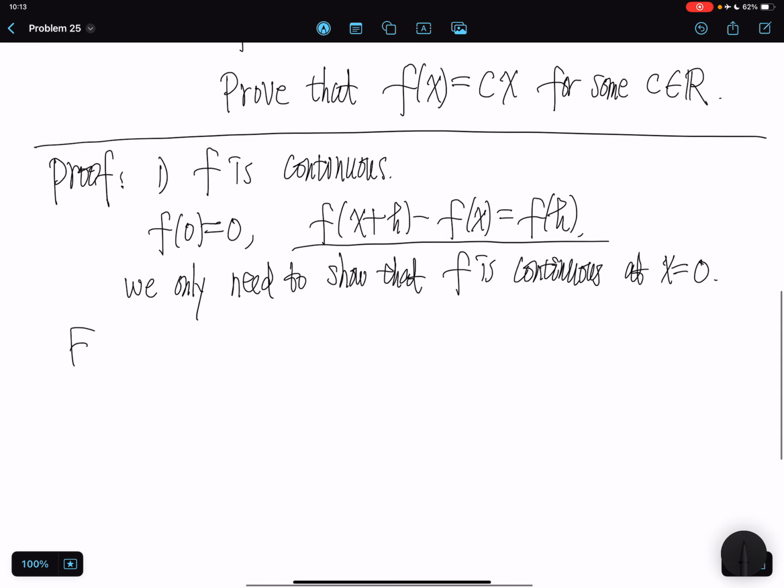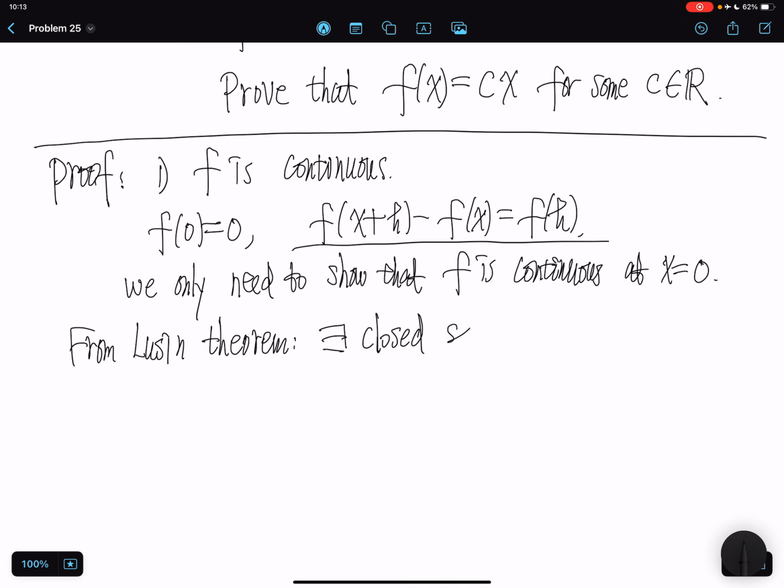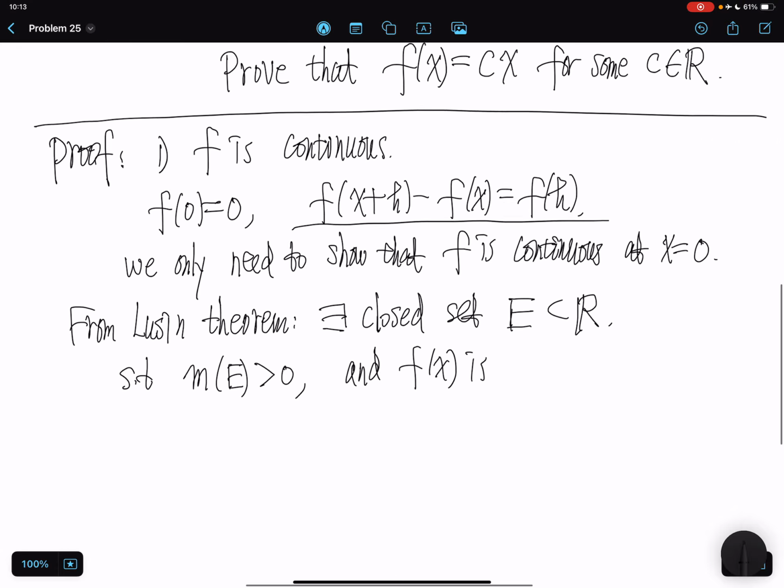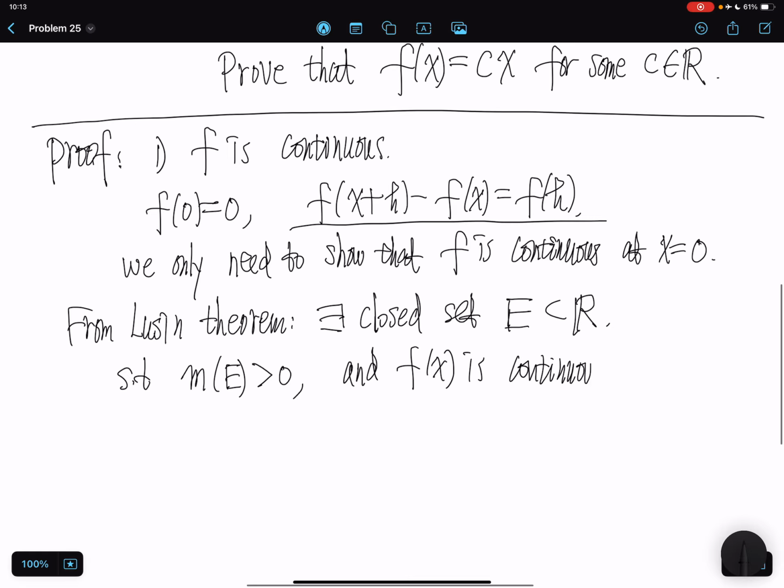From Lusin's theorem, we know there is a closed set E in R such that the Lebesgue measure of E is greater than 0, and f of x is continuous on E, right?